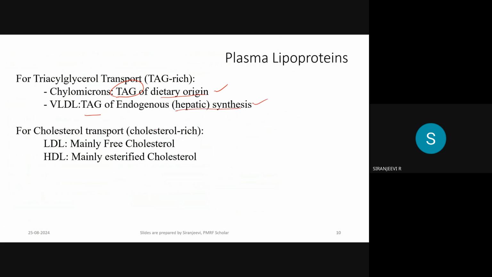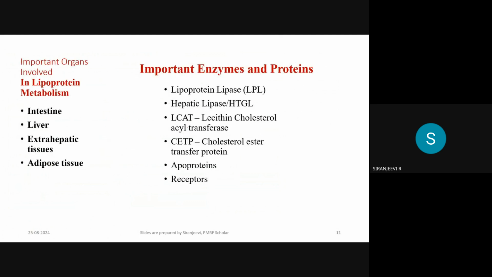And for cholesterol transport, we have two things. One is the LDL as well as the HDL, that is low density lipoprotein as well as high density lipoprotein. And important organs in lipoprotein metabolism are the sources of lipoproteins itself, like intestine, liver or extrahepatic tissues, and then the adipose tissue.